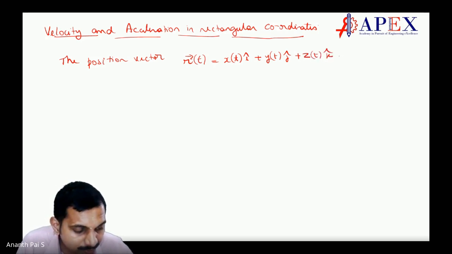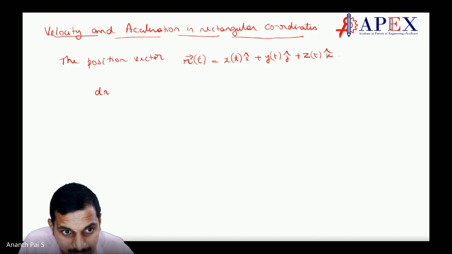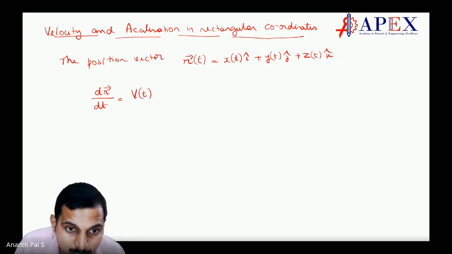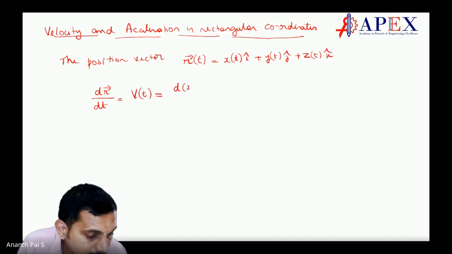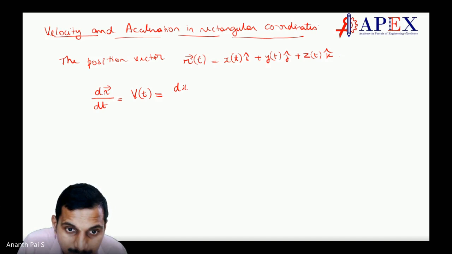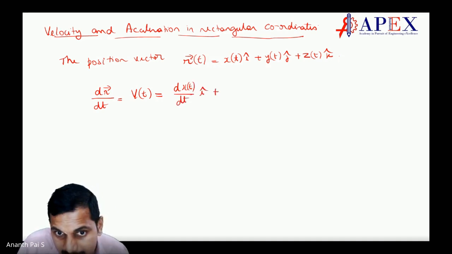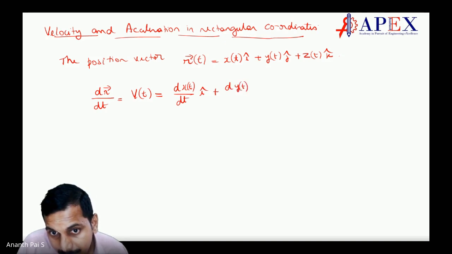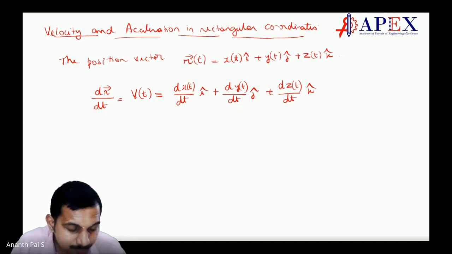Correct. Now if I consider velocity, dr by dt, velocity with respect to time, this one will be equal to dx of t by dt i plus dy of t by dt j plus dz of t by dt k. Makes sense?